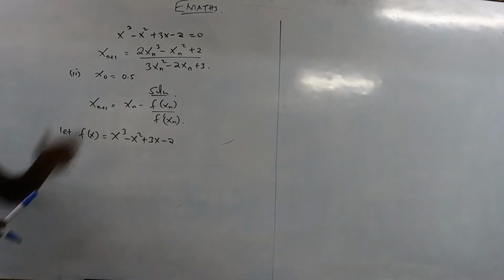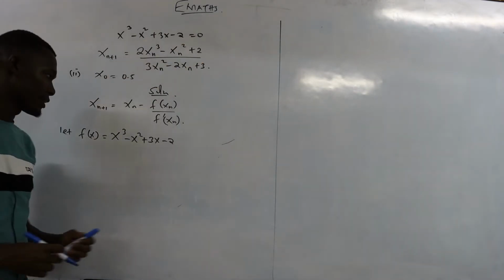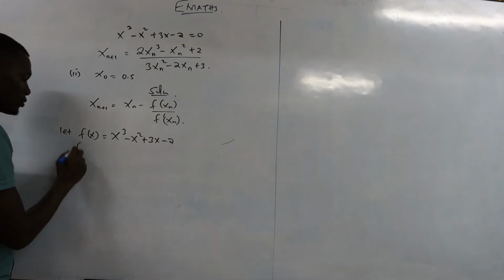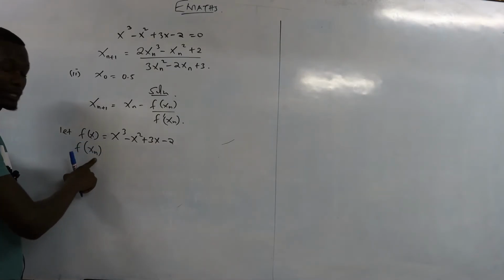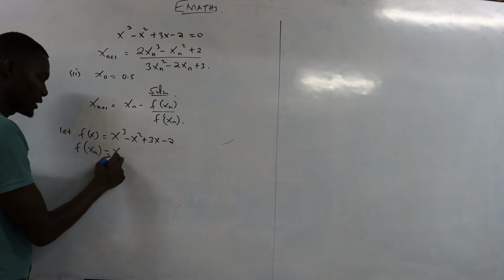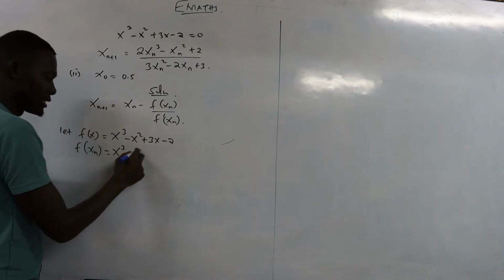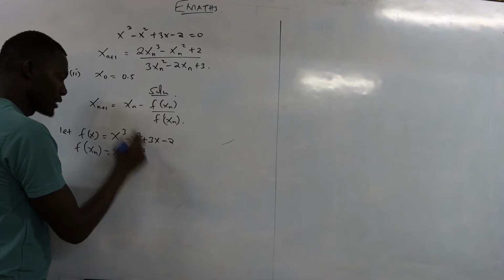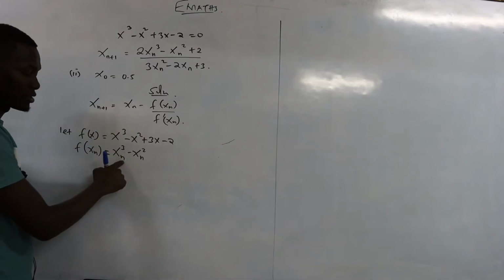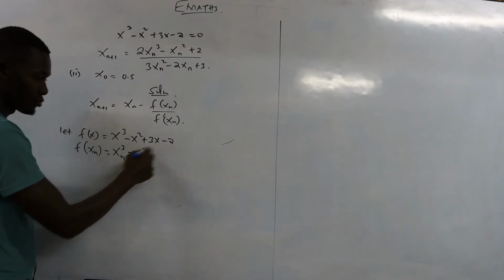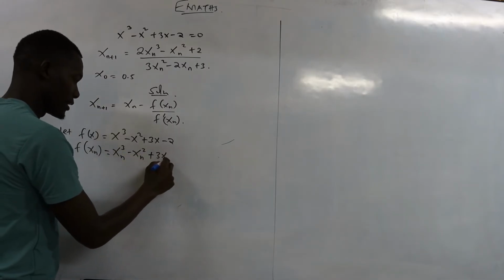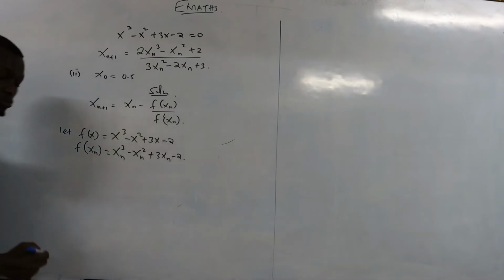We just take this part without the 0. Then from there, wherever we have an x, we introduce a subscript n. So this will be xn cubed, it is the same function, nothing changes, you're just introducing a subscript n all through, so plus 3xn minus 2.